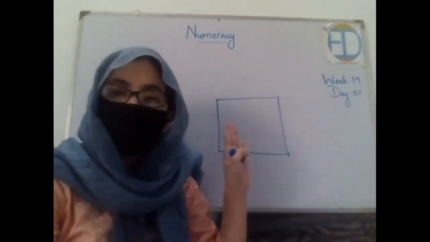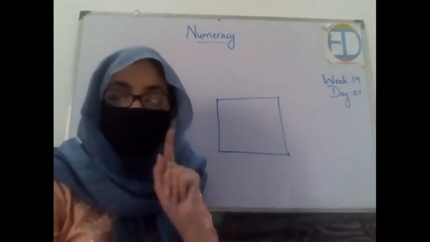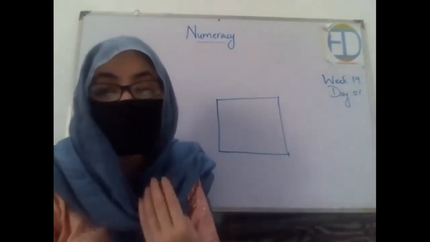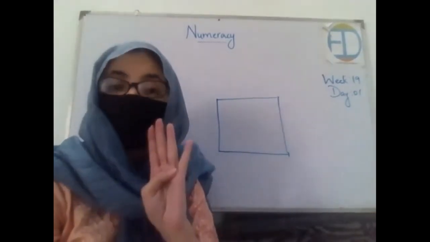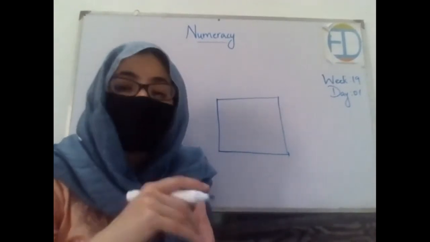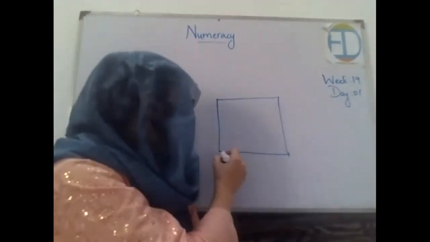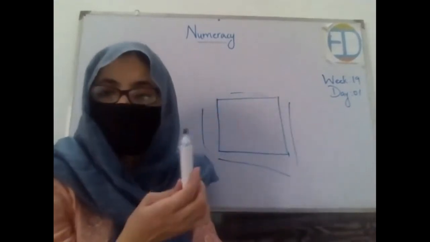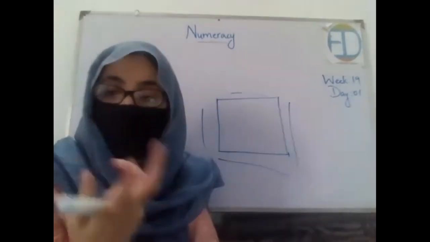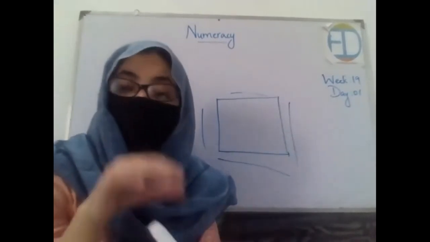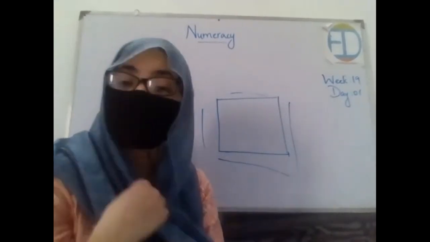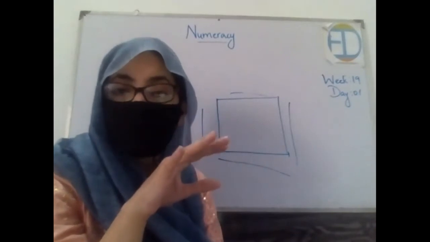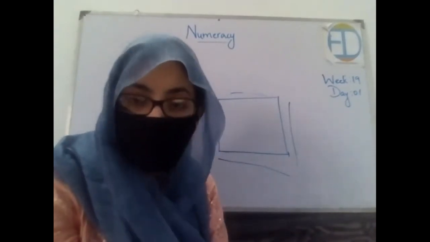So, a square has four sides. The first thing that we have learned about the square is that it has four sides, right? Now, the next point is that all the sides are equal in length. This is the second characteristic. So we will be including this point in the definition as well, that all the sides of the square are equal in length, right?